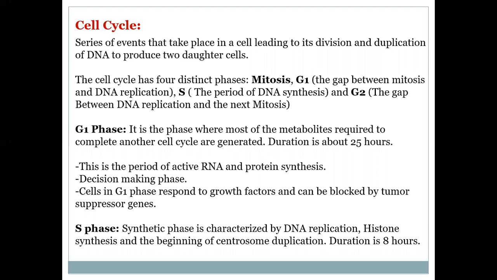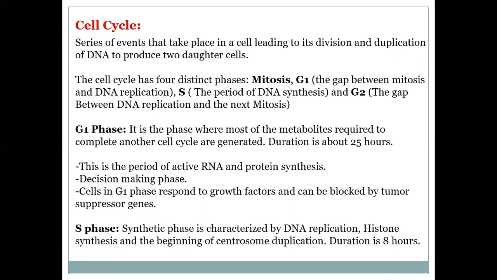G1 is the gap between mitosis and the DNA replication phase, that means the pre-synthesis phase of DNA. DNA synthesis occurs in S phase, and the post-synthetic phase, between DNA replication and the next mitosis, is G2 phase. G1 phase is the decision-making phase. During this period active RNA and protein synthesis occur.